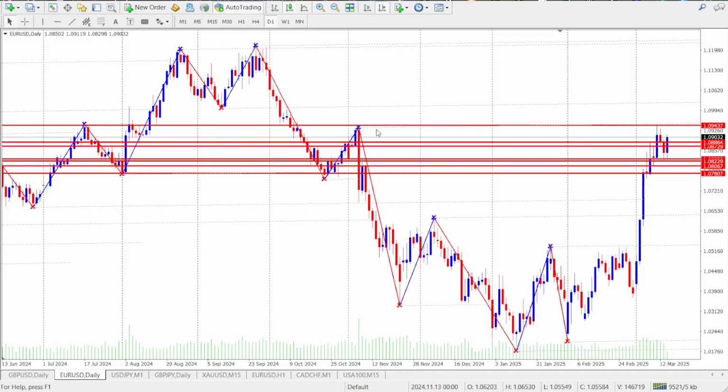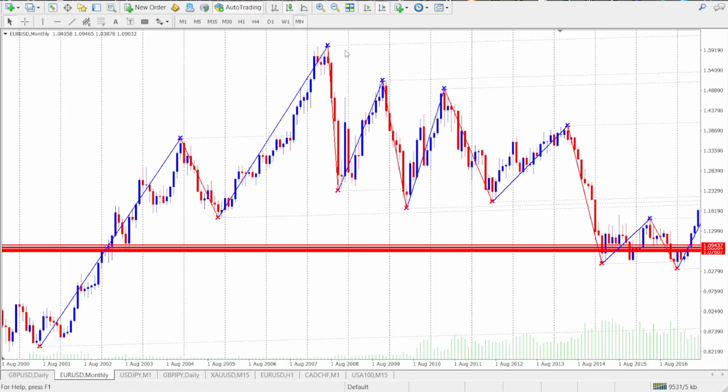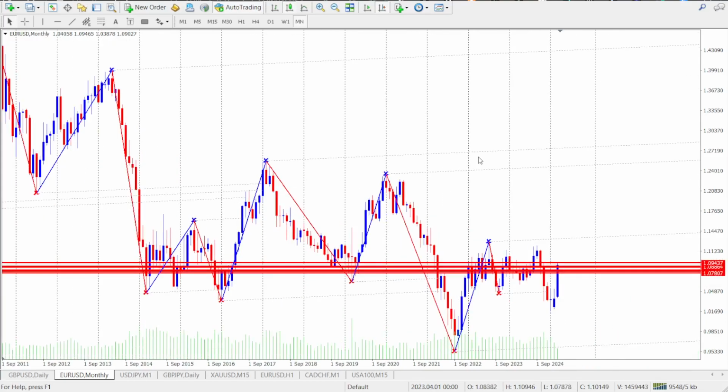Then if you are a long-term trader, you can use the weekly chart or the monthly chart to find major market turning points for bigger swings. All right. So by following these steps, traders can maximize their accuracy and minimize false signals.